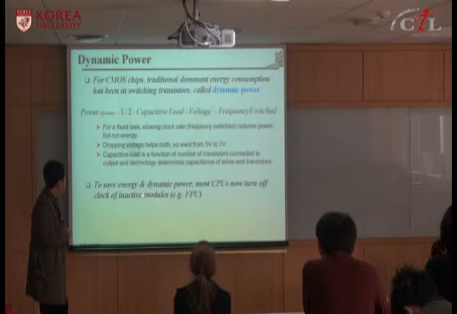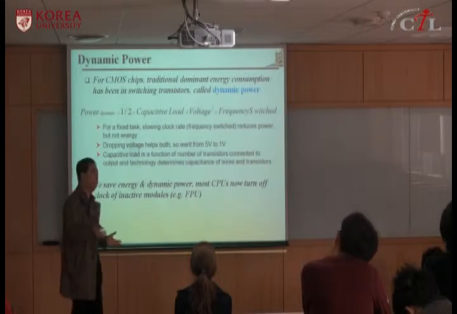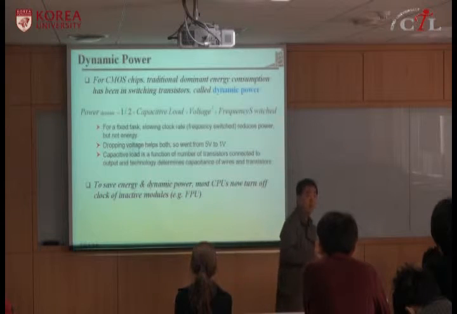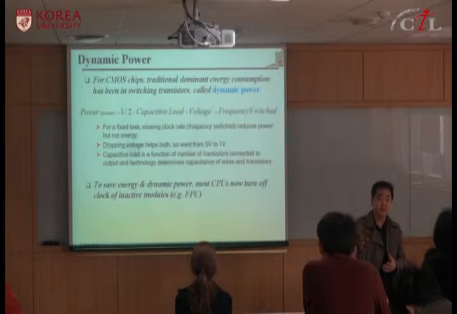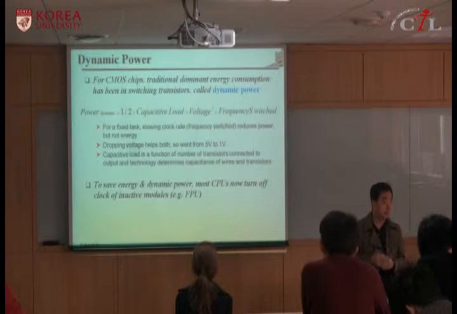The other method is you can turn off the clock of inactive modules. In the CPU chip, if you are not doing any floating point computation, you can turn off the clock to the floating point unit. Then there will be no dynamic power consumption from the floating point unit, so you can reduce the power.